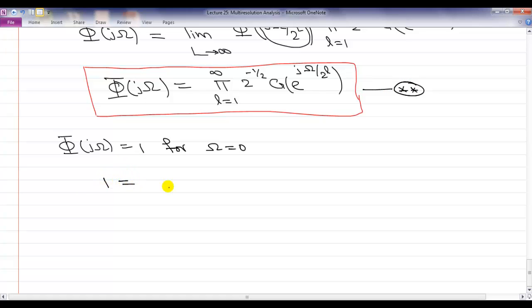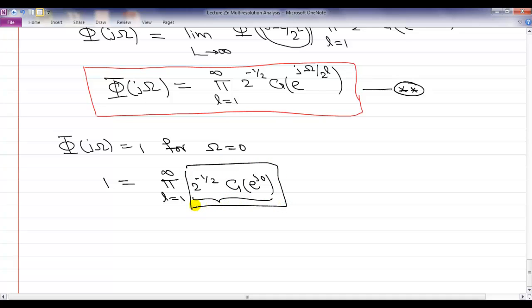We get that 1 equals the product from L equal to 1 to infinity of 2 to the minus 1/2 g of e to the j0. So there is an infinite amount of products. We are multiplying this term infinite times. The only way that this can be equal to 1 is if g of e to the j0 was equal to a specific value.